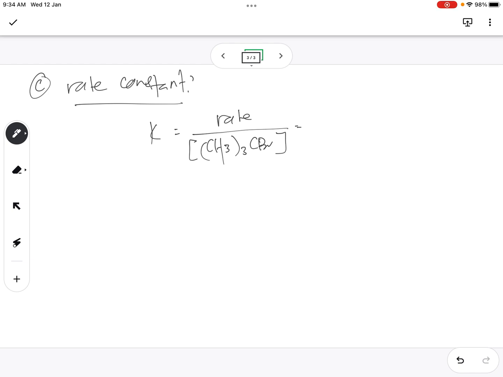Let's say I use experiment 3, 0.015, divided by the concentration 1.5. So let's calculate.